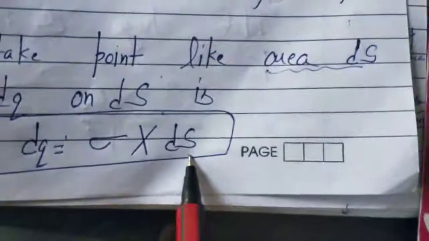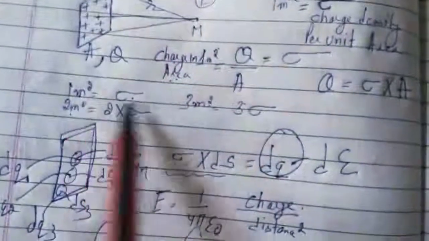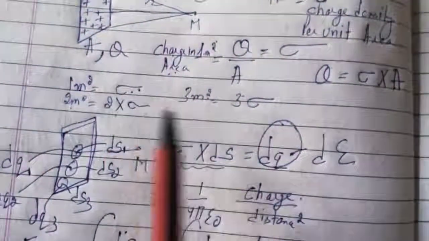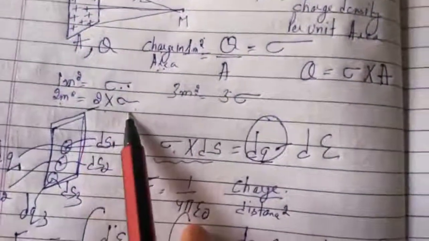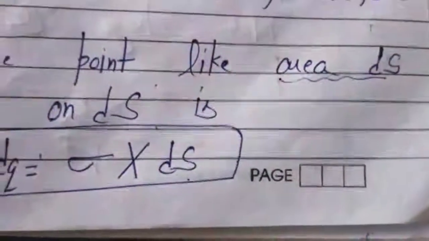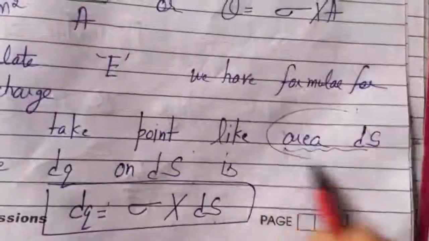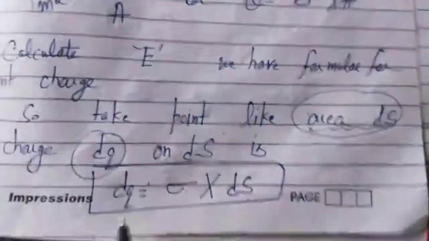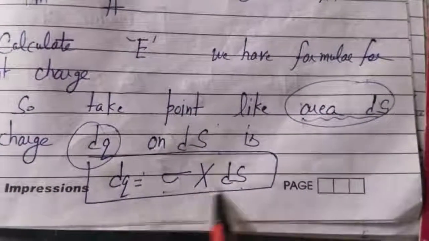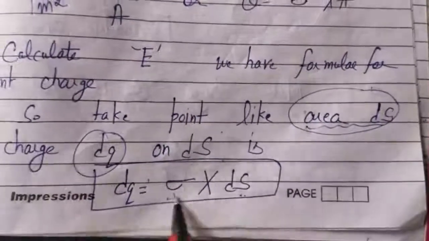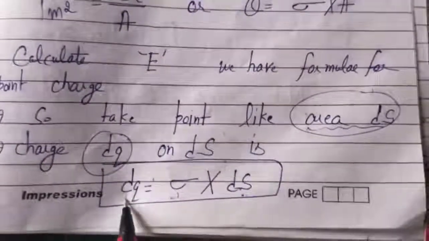Charge held by 1 is sigma, by 2 surfaces 2 into sigma, by 3 surfaces 3 into sigma, and by ds surface is ds into sigma. So the charge held by this ds surface is sigma into ds, that is equal to dq.